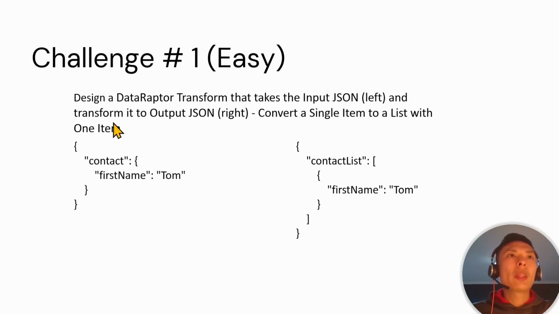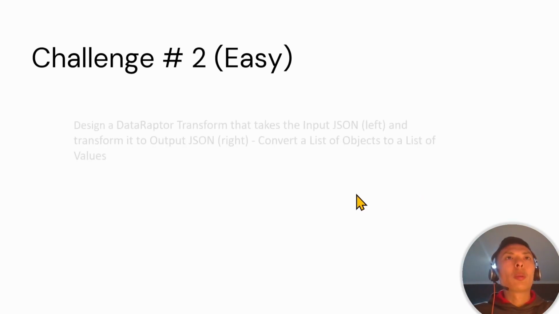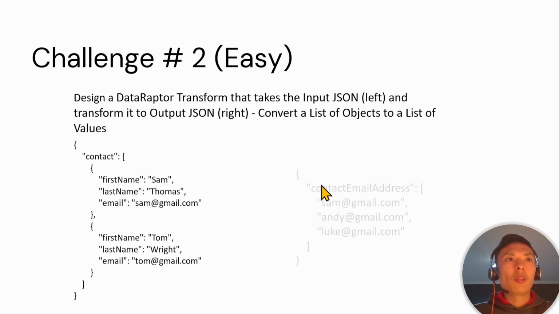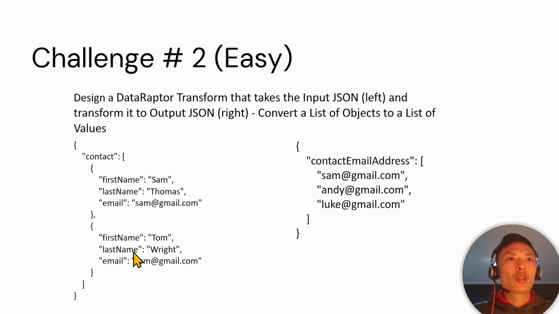Challenge number 1, design a DataRaptor that takes the input JSON and transforms it to the output JSON on the right. So this is about converting a single item to a list with one item. Challenge number 2, again from the left, transform this to the right.